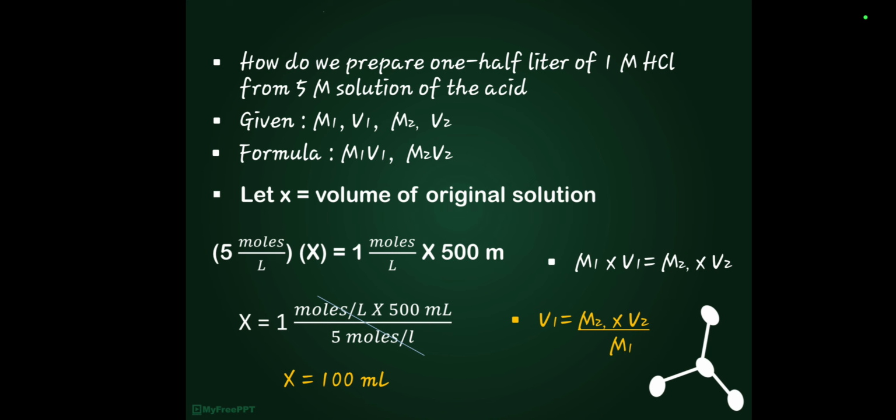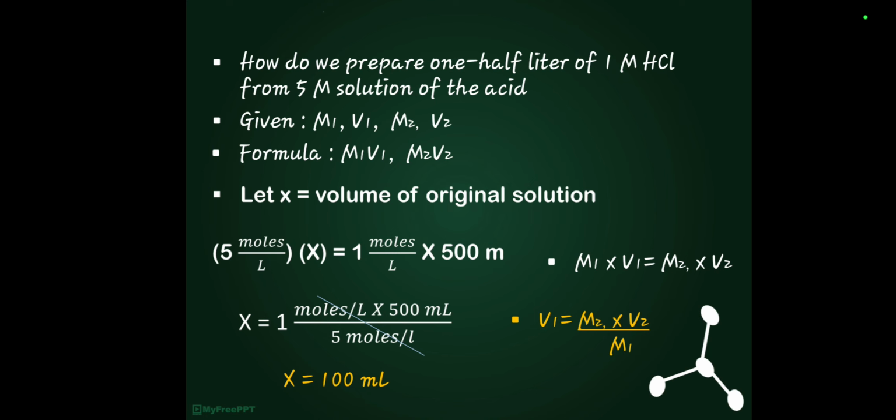Where do we get this 500 mL? This is the 1/2 liter. How many mL is 1/2 of a liter? Right, 500. Okay. Now, since we've already settled the given here, let's go to the formula. Since the unknown would be volume 1, the formula would be volume 1 equals M2 multiplied by V2 over M1. Okay? So let X again, let's explain.